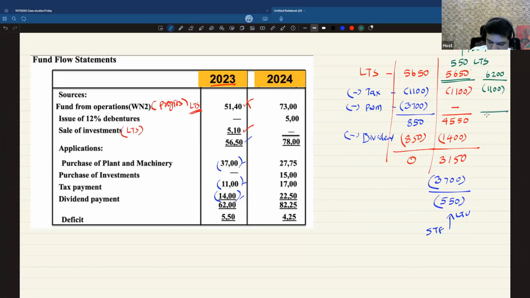So they will have 5,100. They can pay dividend of 1,400. They will have surplus of 3,700, and with that they can meet investment in plant and machinery, and they will not land in any surplus or deficit situation. They have not done that. So it shows what they could have done, what they did, everything comes to light.